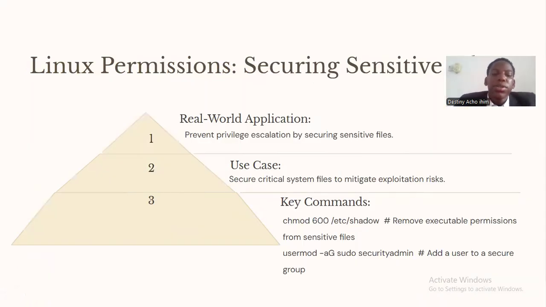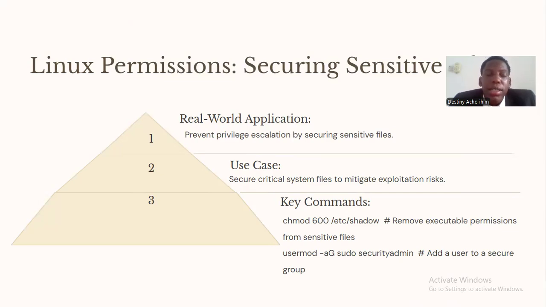Now, next thing we're going to talk about is the permissions in Linux, right? So securing permissions are basically your first line of defense. Mismanaged permissions can lead to catastrophic breaches, and in this lab, we focused on securing sensitive files.